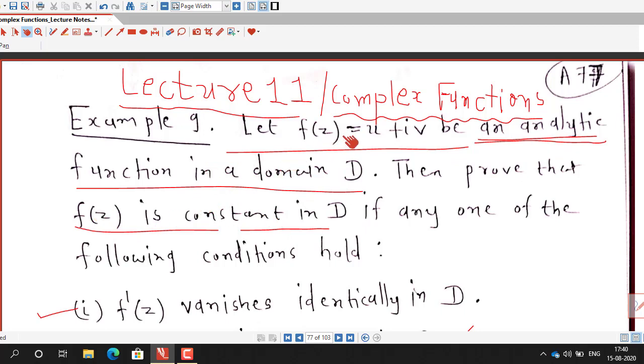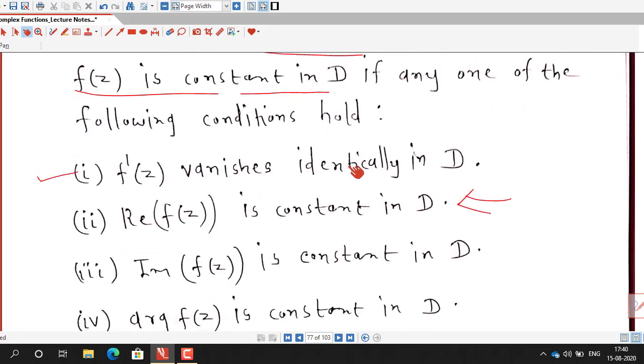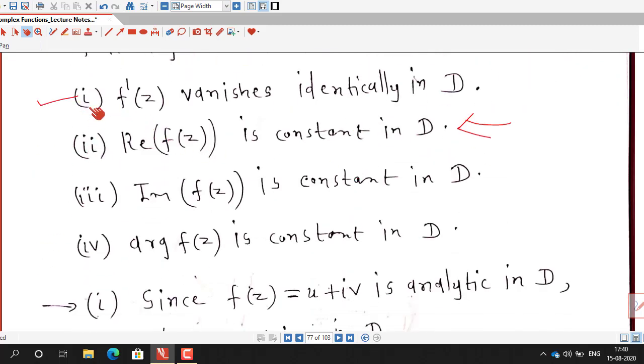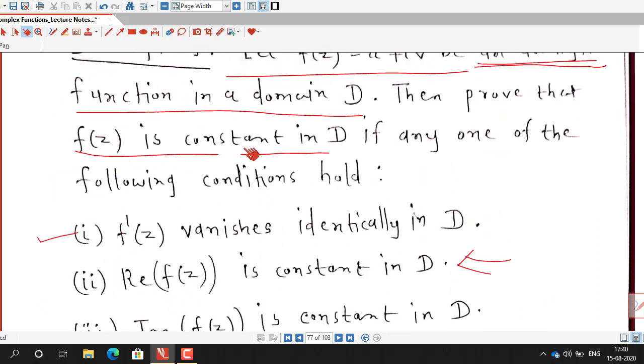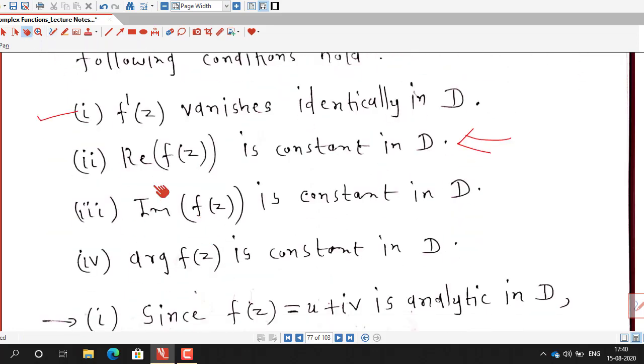So the idea is, if function is analytic in a domain D and if with that condition, any one of these conditions is satisfied, then function becomes constant in a domain D. So we start by considering first condition.